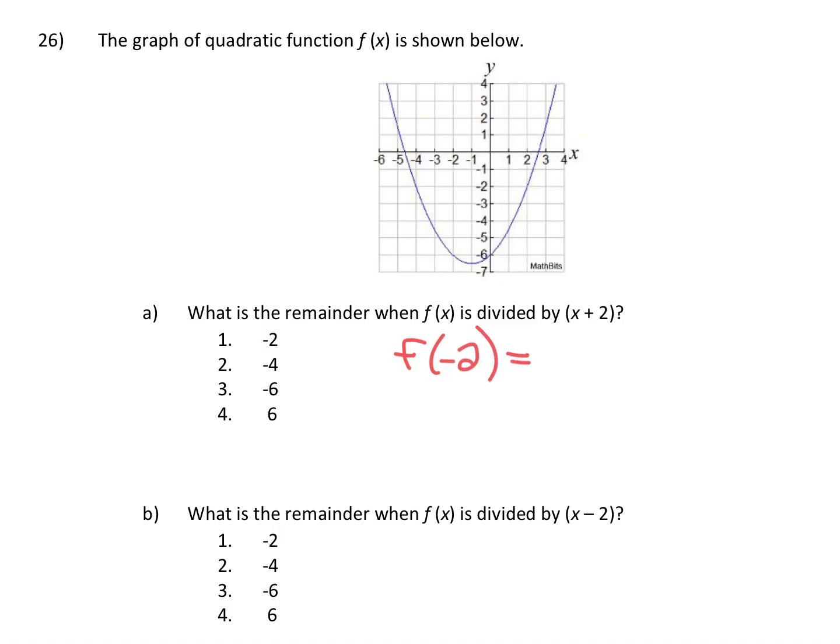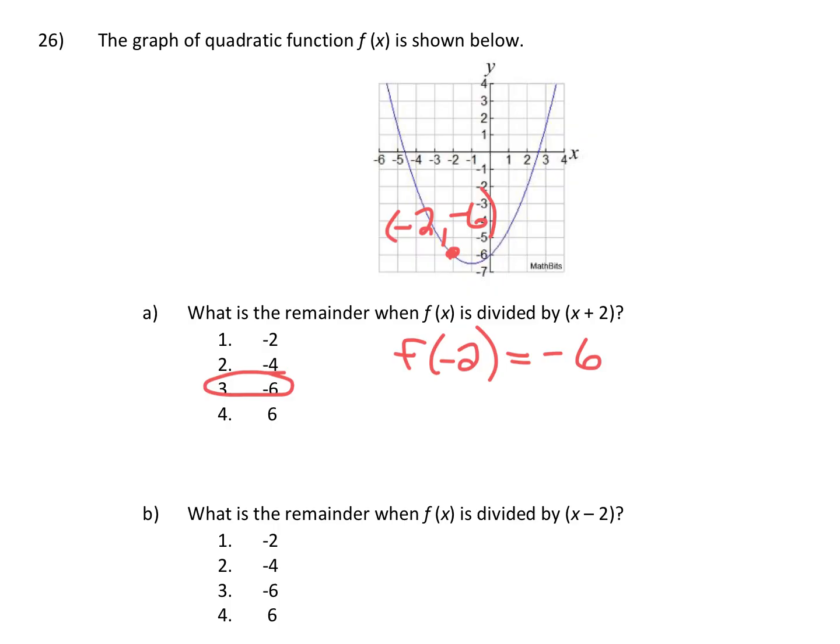We're going to go over here to negative 2, and the graph is all the way down here when x is equal to negative 2, right? The coordinates at this point would be negative 2, negative 6. So when x is equal to negative 2, the y value is negative 6. So it means that f of negative 2 is equal to negative 6, which is choice 3.